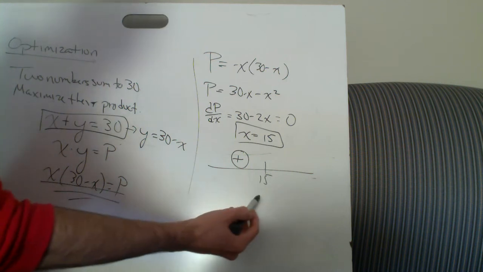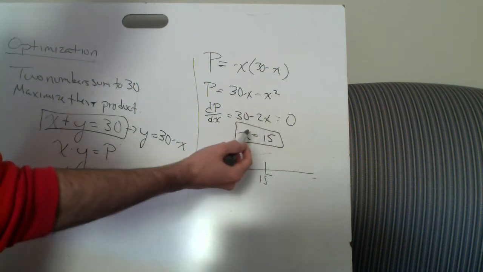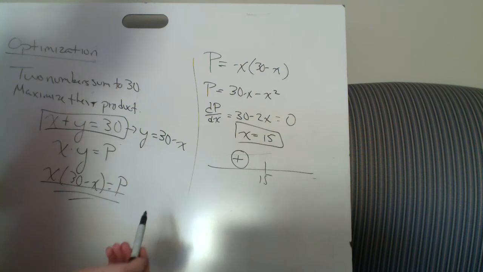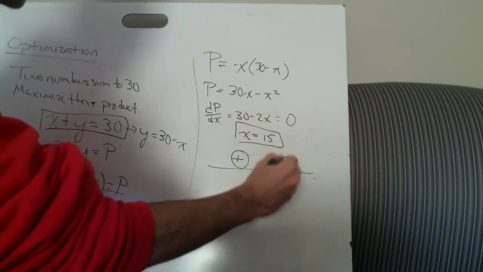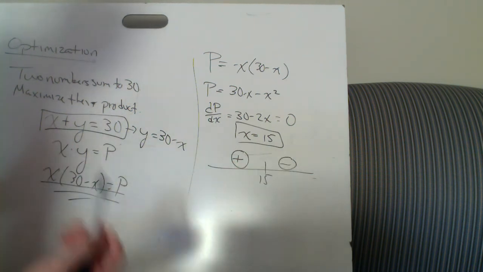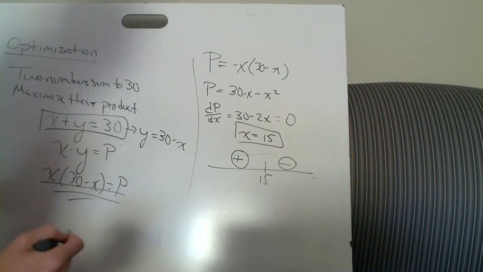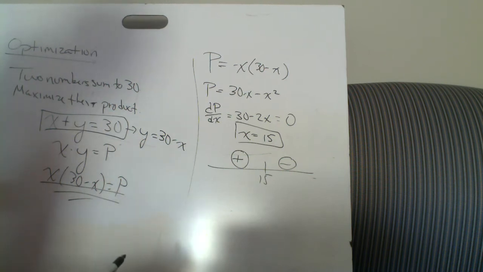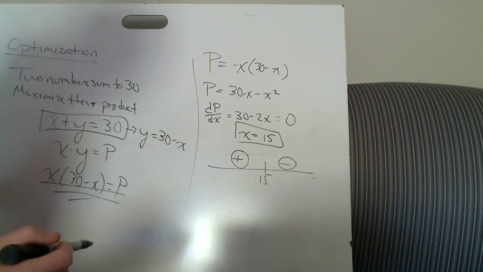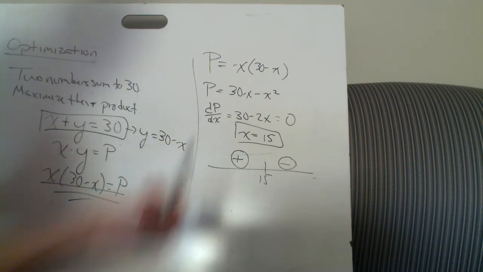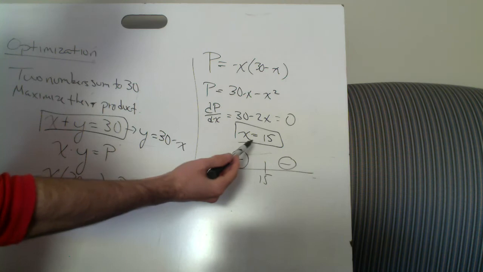Any number bigger than 15, maybe like 10 million. 30 minus 20 million is going to be negative. Any number bigger than 15 is going to be negative. So indeed, I find that at 15, my derivative is changing from positive to negative, which means that 15 can be a local maximum.